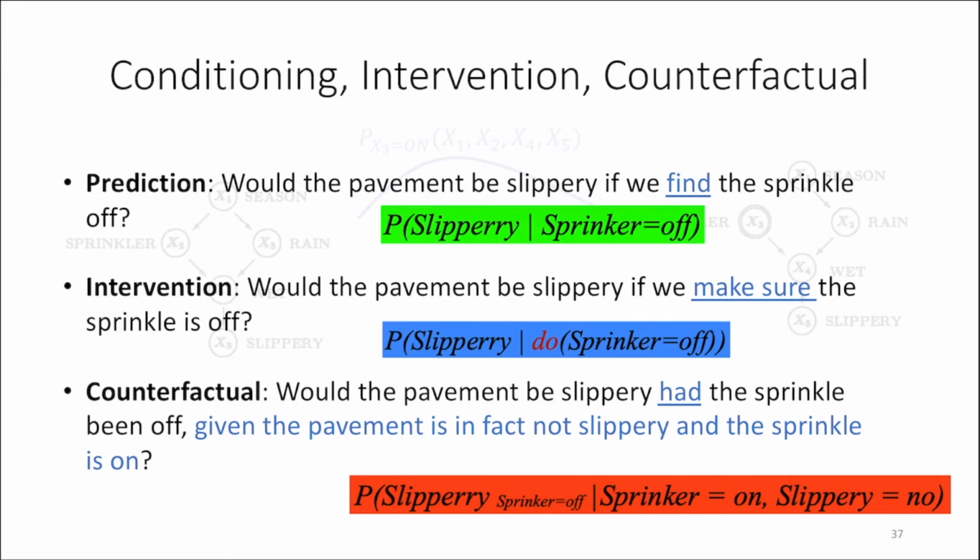This is a counterfactual question. We are living in a world where the sprinkler is on and the pavement is slippery, but we want to know whether it would be the same if the sprinkler was off. Hopefully, in another session in this tutorial, we'll see some examples of that in our domain as well.